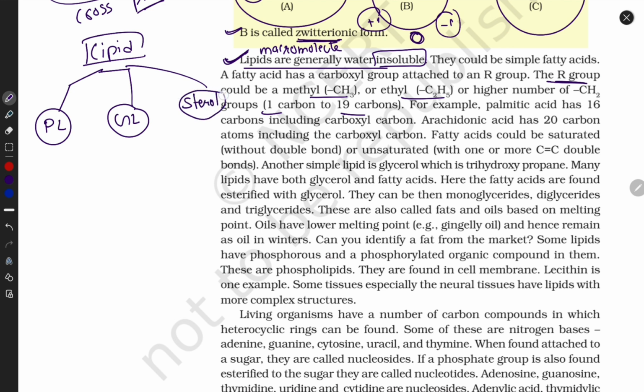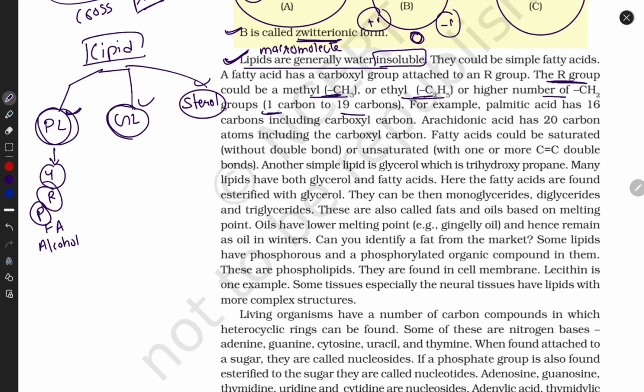They are lipid forms, and they can cross the plasma membrane. Phospholipids are made up of 4 components: alcohol, which is not important, fatty acid, phosphate group, and an R group. As I told you, the R group may be 1 carbon, 2 carbon, 3, up to 19 carbons.